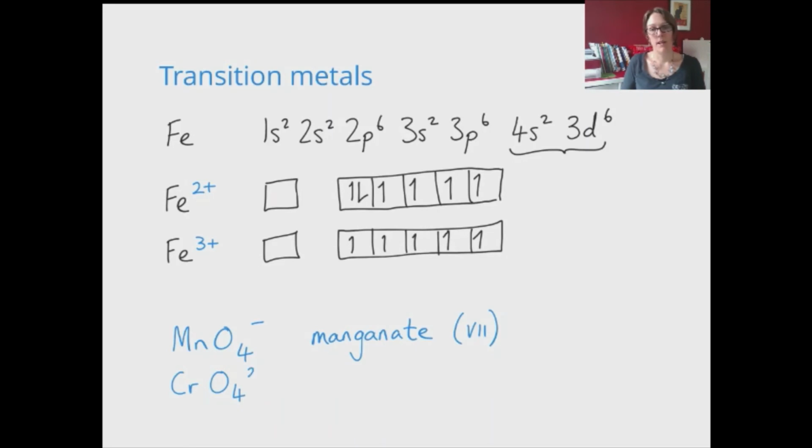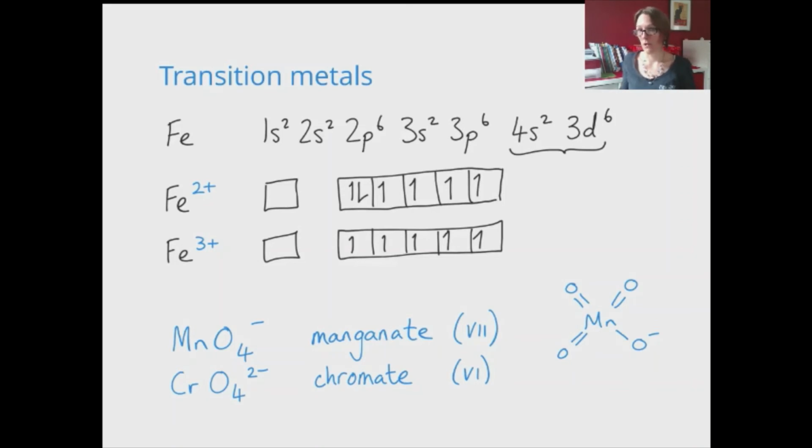Looking at the trends, we're naming these the same as we're naming the halate ions, so we've got 'ate' at the end, meaning it's negative. Chromate(VI), and that's because, again, if you look at the charges and add them up, chromium is the one with the oxidation number of 6. And they are doing exactly the same sort of thing that the halogens are doing. So manganese in manganate(VII) is forming 7 bonds with my oxygen, and then the remaining oxygen ends up with a minus charge.